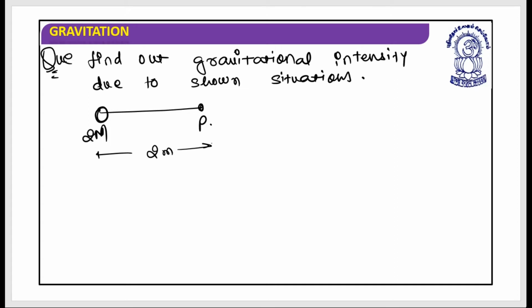So this is our first question. It says that mass 2m is there, and you require the gravitational intensity at point P, which is separated by a distance of 2 meter.